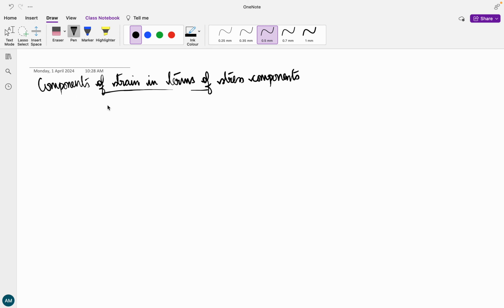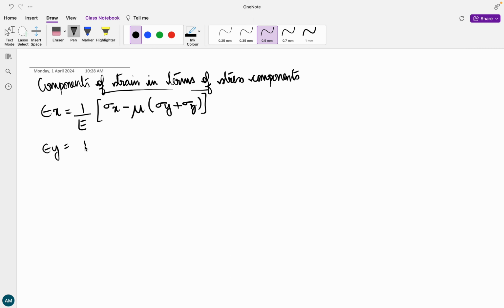Now I'm going to combine stress and strain. So epsilon x is equal to 1 divided by E of sigma x minus mu times sigma y plus sigma z. E is nothing but the modulus of elasticity, that is your Young's modulus. Mu is nothing but the Poisson's ratio. Poisson's ratio is going to vary for every single material.